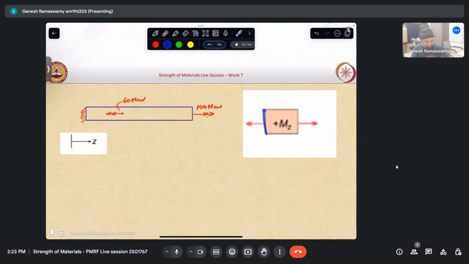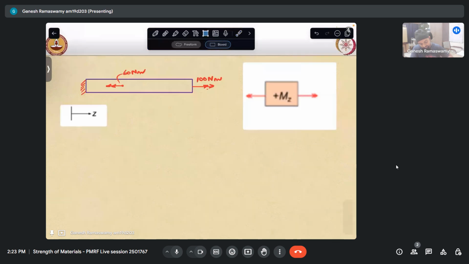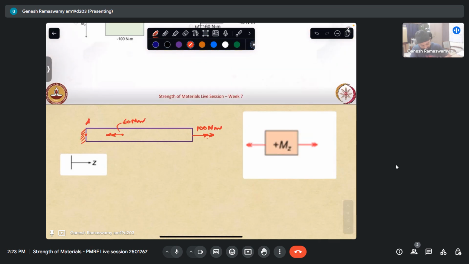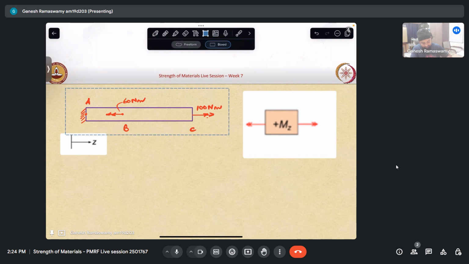On the negative z face, this direction of twisting moment is positive. That is what is meant by positive Mz. So far so good. So now let me label these points. Let me call this A, call this B, call this C. Now, similar to what we used to do for beams, I'll make a copy.